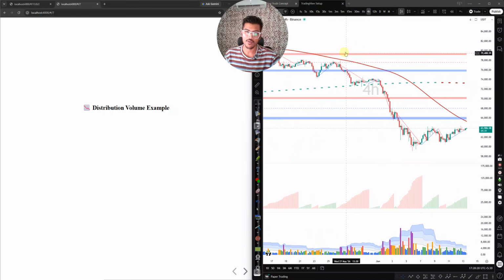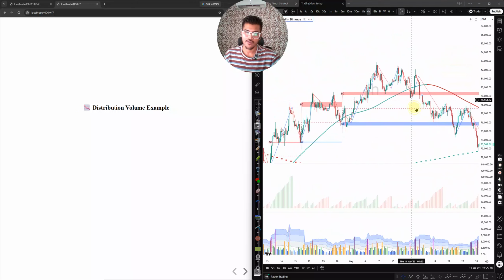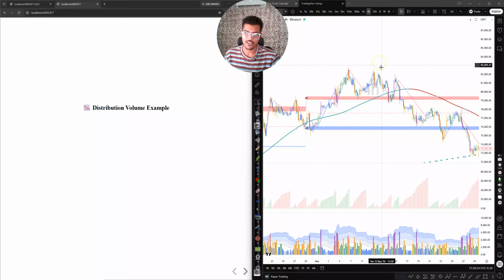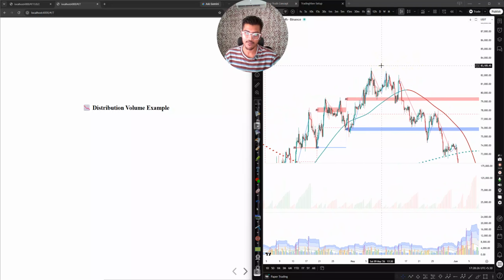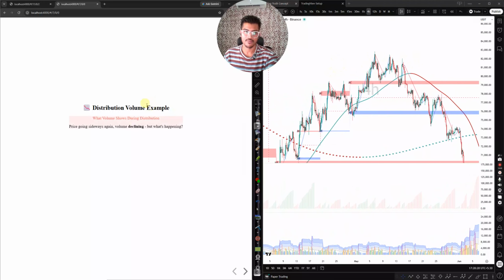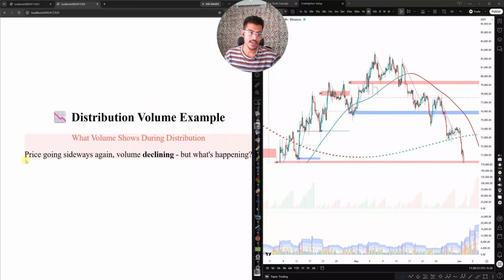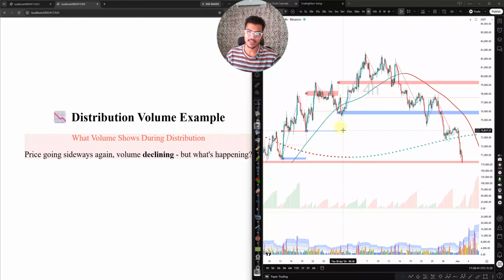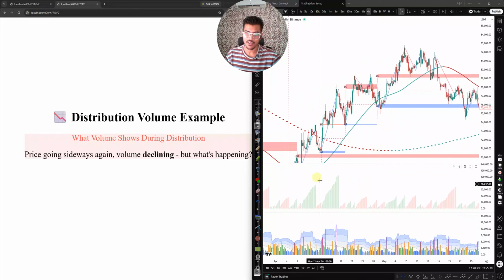So let's take a distribution volume example. We know this is distribution, so let's look at it. What volume shows during distribution is price going sideways again and volume declining. But what's happening is volume declining in a way like, you see all this big movement happened.